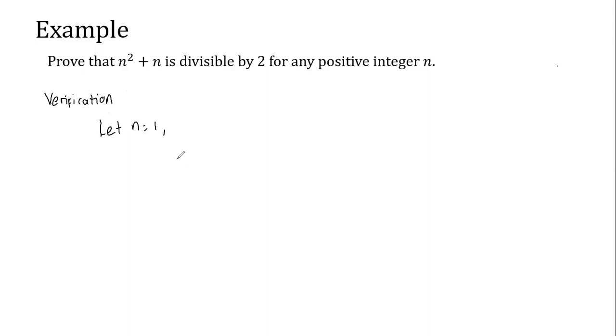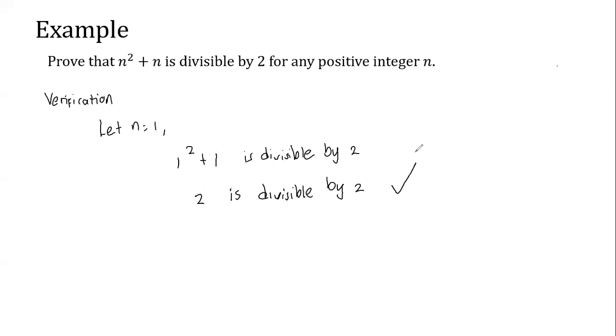Then 1 squared plus 1 is divisible by 2. 1 squared plus 1, and that is 2, is divisible by 2. Okay. So this is true. So we can proceed to our next step.